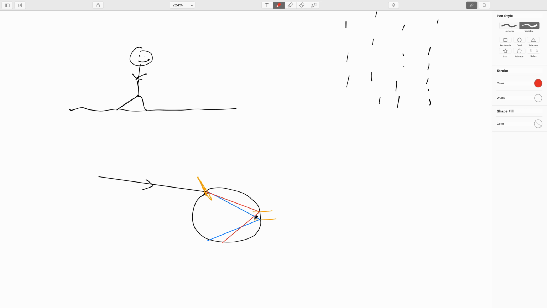And then when we get out here, again we'll drop in our normals. The blue light is going to do a better job of bending away from the normal than the red.